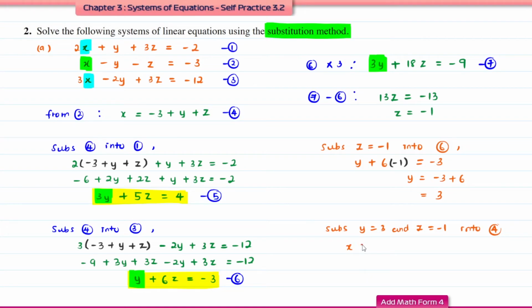So x is equal to negative 3 plus y. So our y here is a positive 3. And then we're going to plus it with the z. So the z is a negative 1. Alright. Solve this and you're going to get the answer of negative 1.